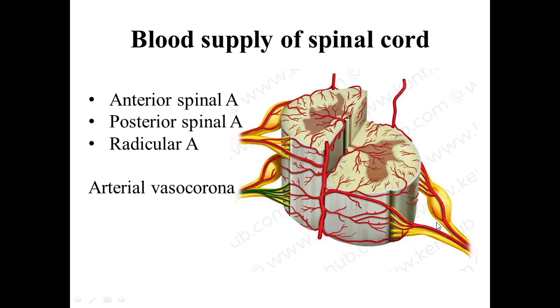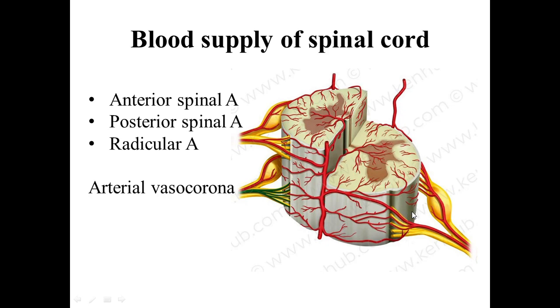The radicular arteries are the branches of the vertebral artery, deep cervical artery, ascending cervical, intercostal, lumbar and sacral arteries. Depending on the spinal cord segments, they arise from different arteries.